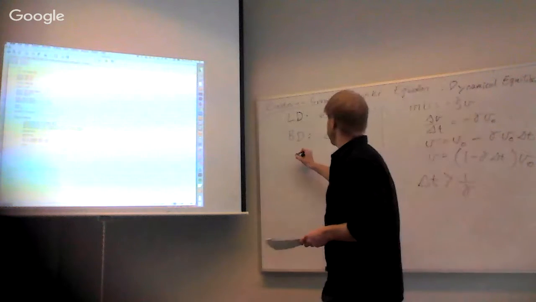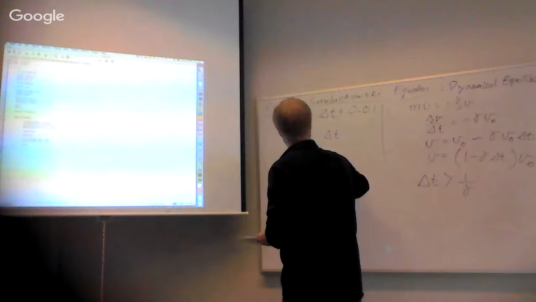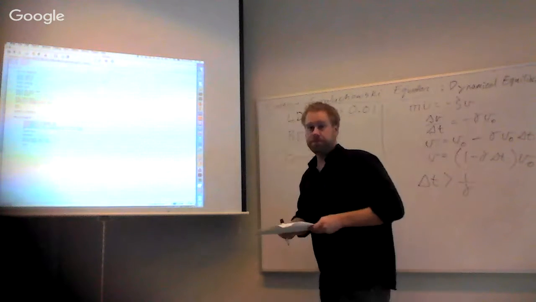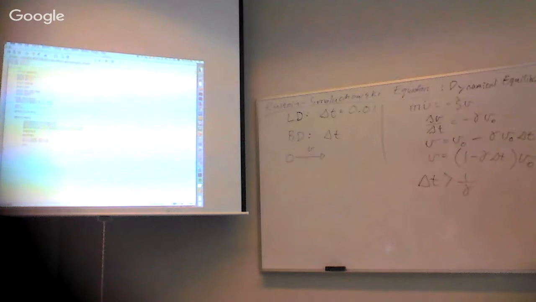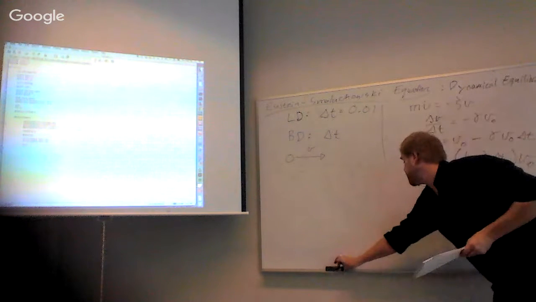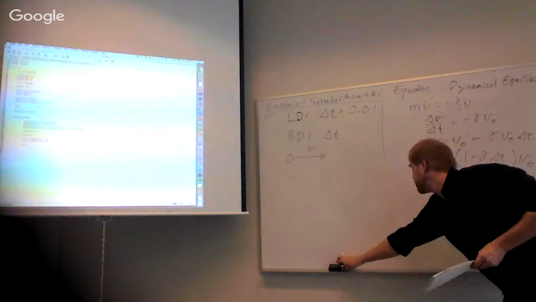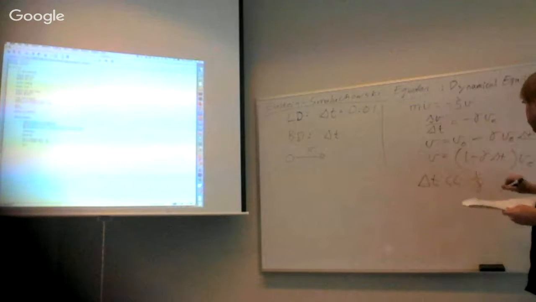So remember our picture here. We have a particle traveling along at some velocity. First of all, let's take delta t to be much less than 1 over gamma.